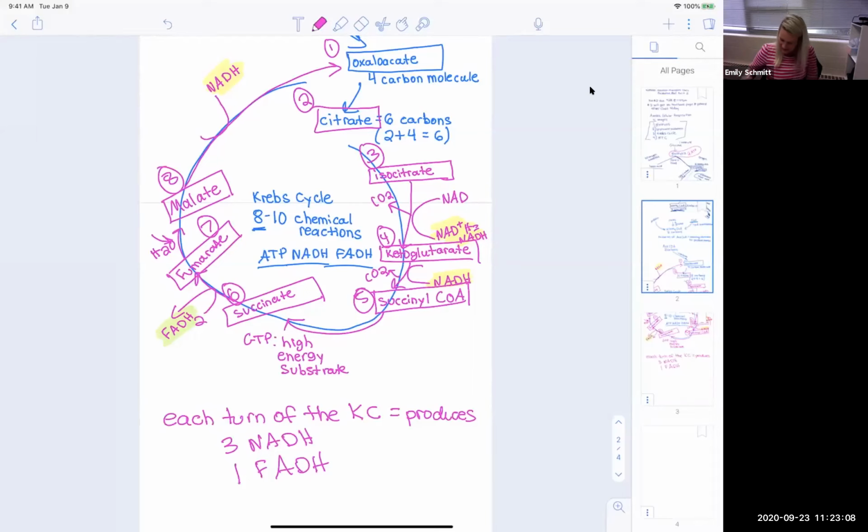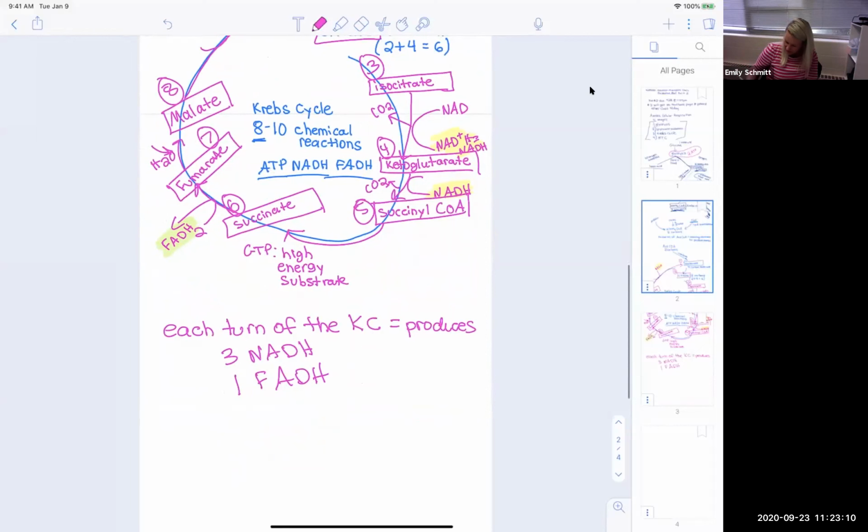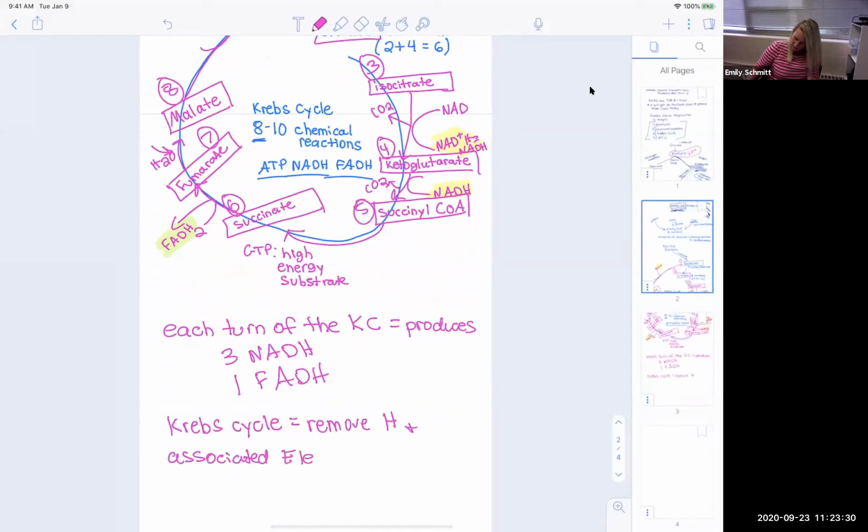So the purpose that we said of this Krebs cycle is to remove hydrogen and the associated electrons to go to the electron transport chain.